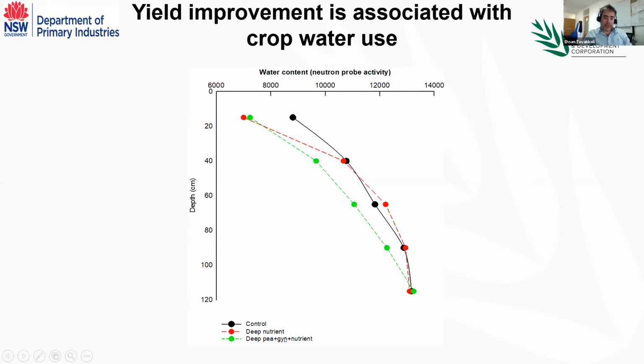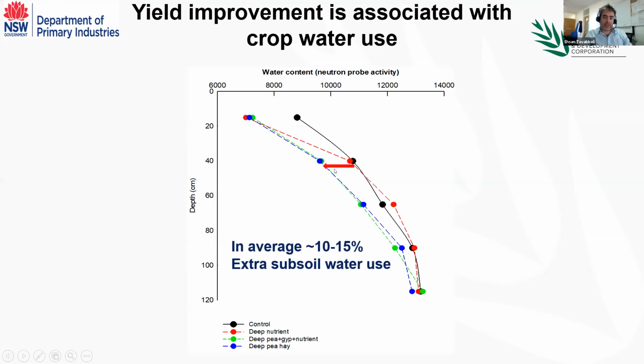When you start looking at deep organic amendments that we left into the subsoil, you will see that there is a shift. About 10 to 15% are calculated across all these treatments. There's about 10 to 15% extra subsoil water being used, and that is an indication that we improved the soil structure and the crop had the ability to take up that water.